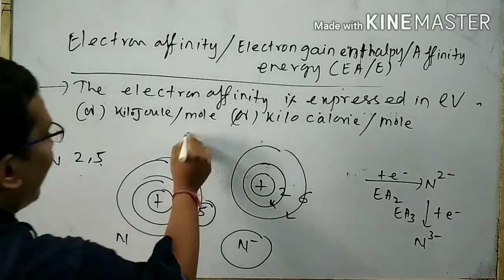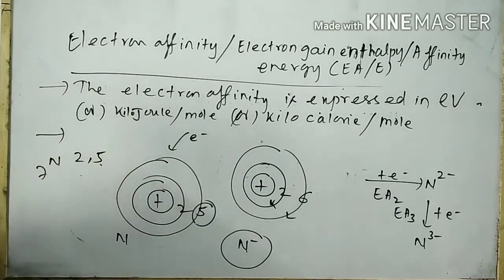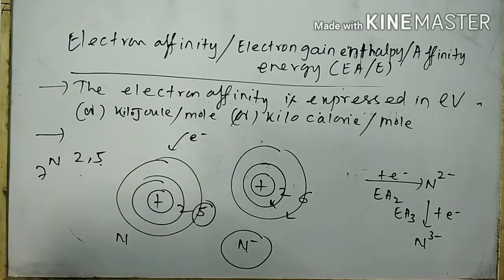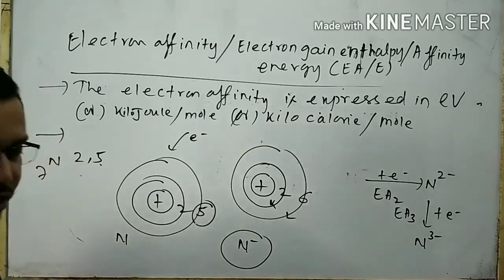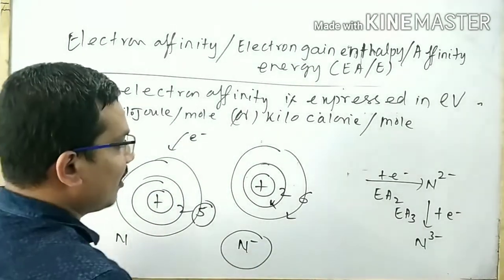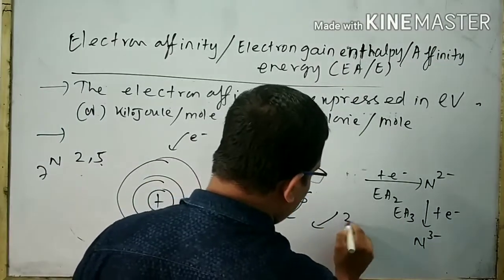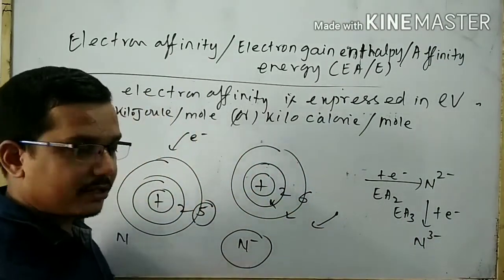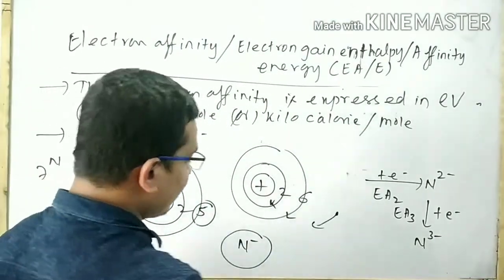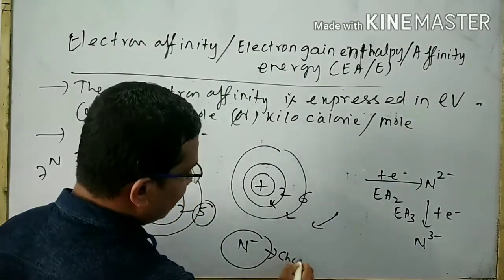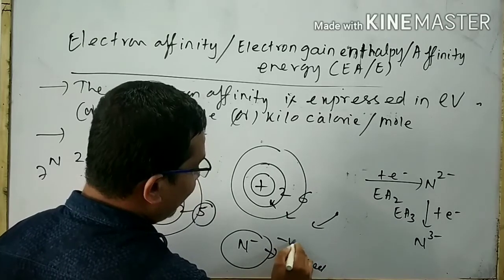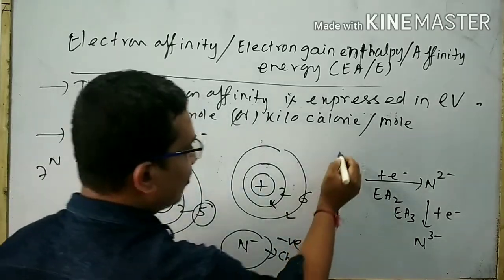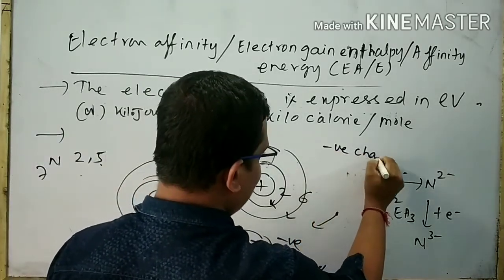So when I add an extra electron, the neutral species and the negative species do not repel each other. But remember, when I add the second electron to the N minus, what will happen? This is your negatively charged species, and the electron also has a negative charge.